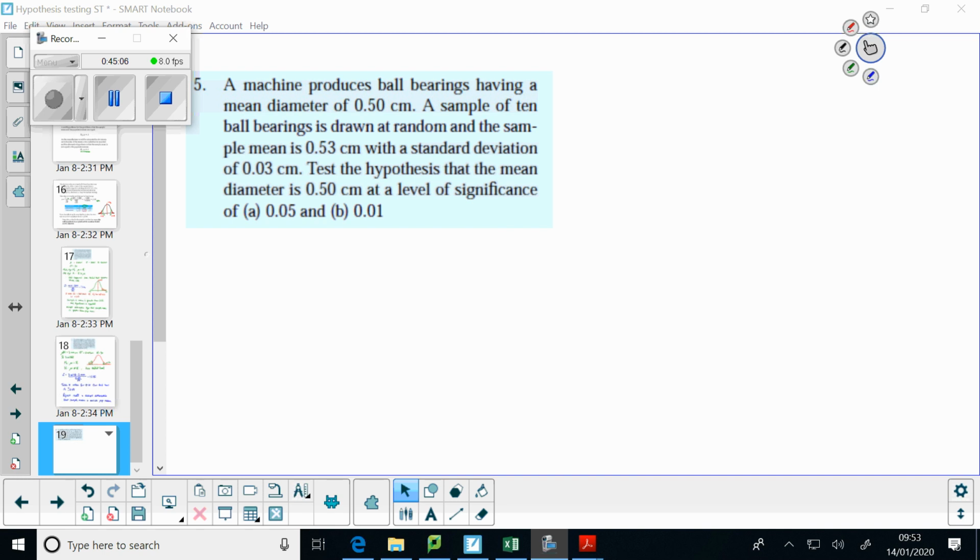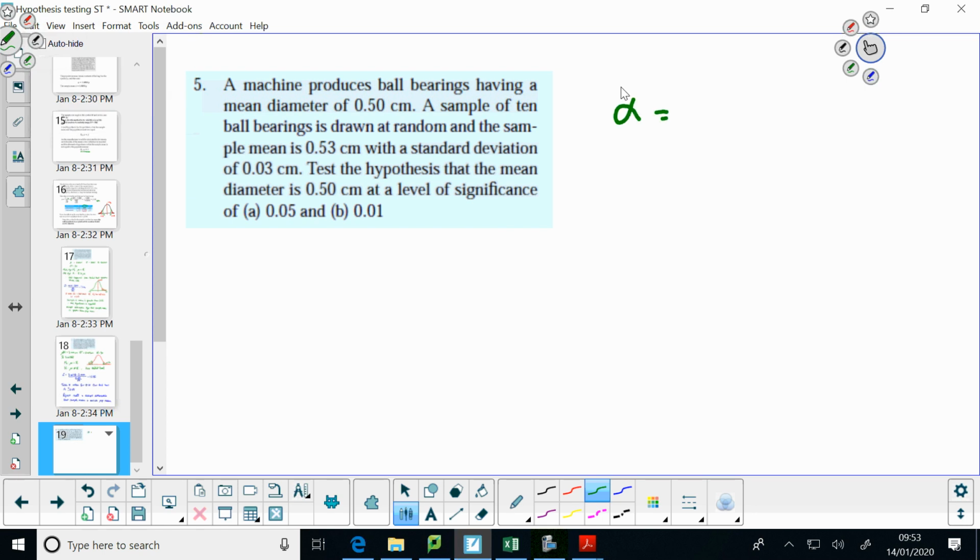Right, gents, let's take a quick look at this last question. This machine produces ball bearings having a mean diameter, alpha, of 0.50 centimeters. A sample of 10, n equals 10, ball bearings is drawn at random, and the sample mean, x bar, is equal to 0.53 centimeters.